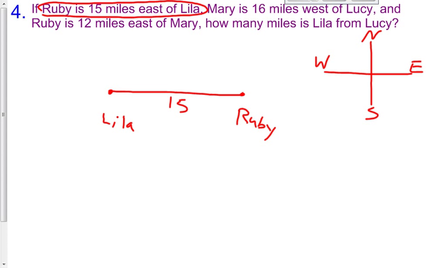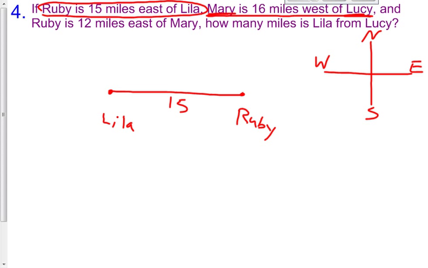Now on Excel Math, the strategy behind this one is you're going to do this middle sentence last. The reason for that is because you have no reference point about where Mary is and where Lucy is. All you know is where Lila is and where Ruby is. So because you don't know anything about Mary yet or anything about Lucy, let's save that until the end.